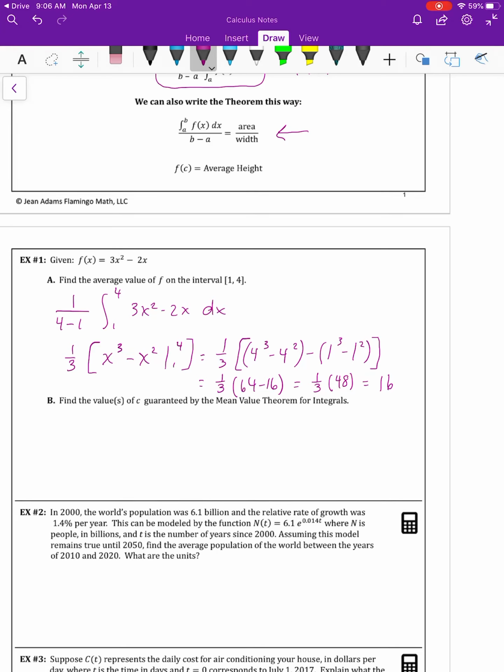Okay, so that's just using it for a word problem, and I like to, on word problems, go back and just kind of rewrite to make sure that I am answering the question.